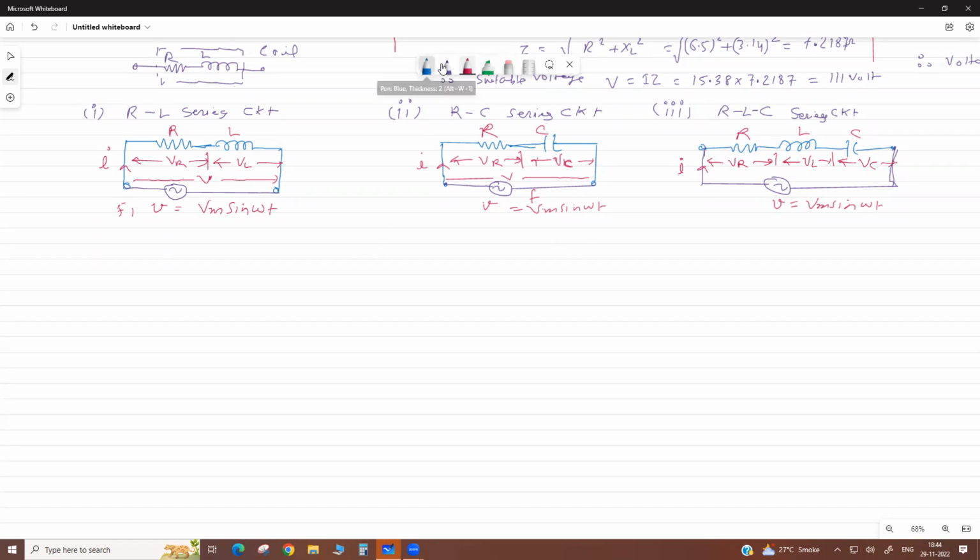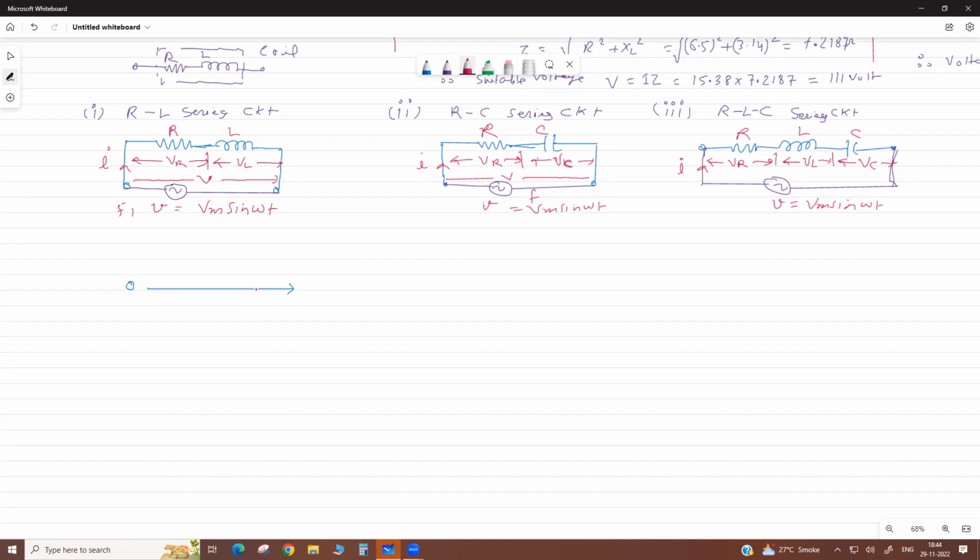If we see the vector diagram of this, suppose we consider the current in series is the same. So let us take the current as the horizontal reference phasor. Now, due to this current, there is a drop in the resistance, IR.